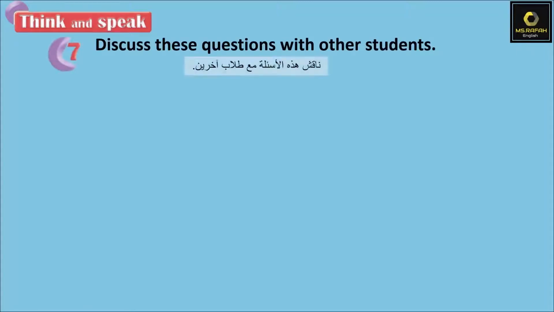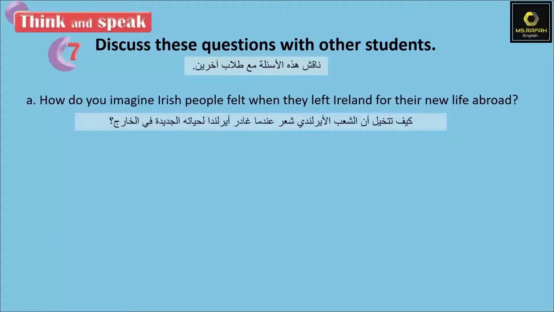Now, think and speak. Discuss these questions with other students. How do you imagine Irish people felt when they left Ireland for their new life abroad? كيف بتتخيل حسوا لما اضطروا يطلعوا من وطنهم؟ أكيد they felt sad. شعروا بالحزن.